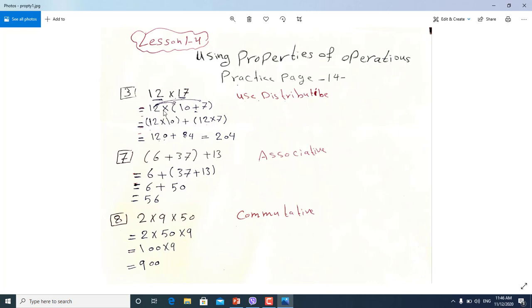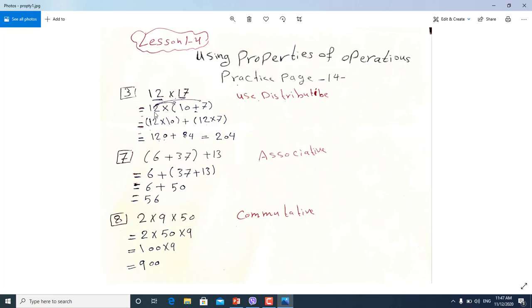After that the sign is multiply, and we make 17 into two parts. We know that 17 is made up of 1s and 10s. That means 7 plus 10. So write 7 plus 10. We will multiply this 12 by this 10 and by this 7.